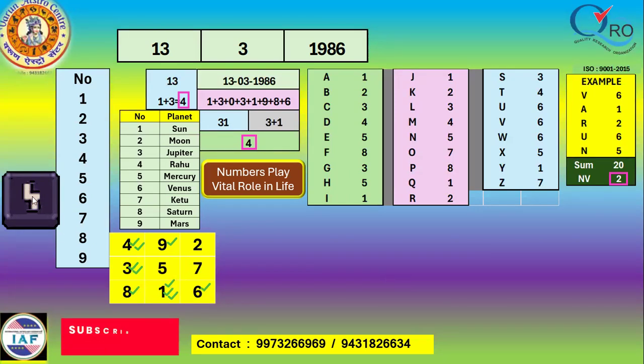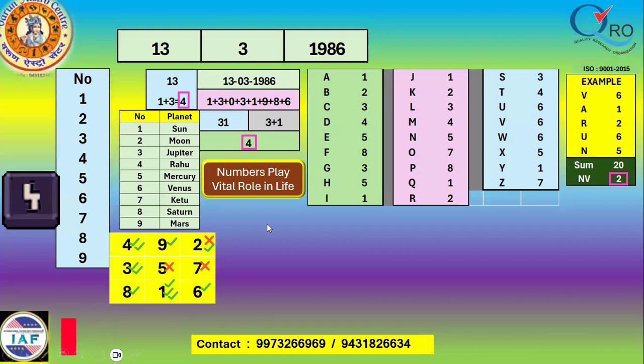So for this native, you can say that the center number 5, which balances all the numbers, is missing. 2 is missing, 7 is missing. From the imaginary name, this is not correct, but from the name we can say that we are getting 2. And what do these numbers represent?